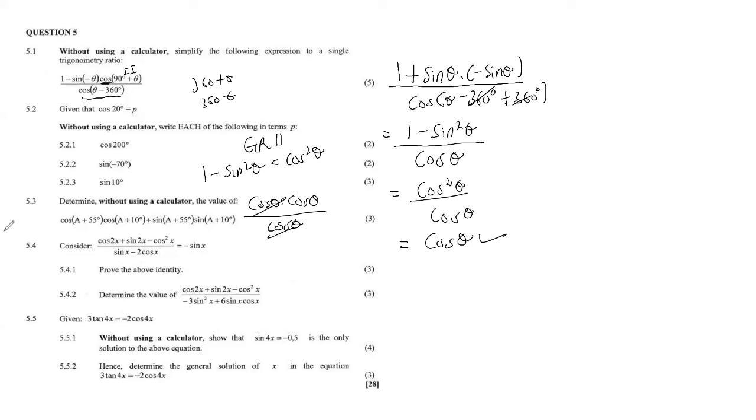Now let's proceed to 5.2. We know that every time we are given a question like this, we must start by drawing a right angle triangle to indicate this. So remember, cos 20 degrees, that's p over 1.